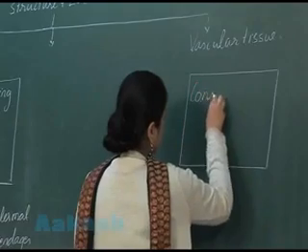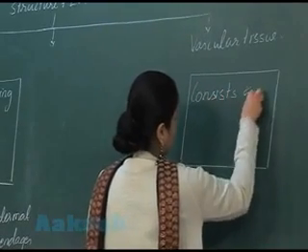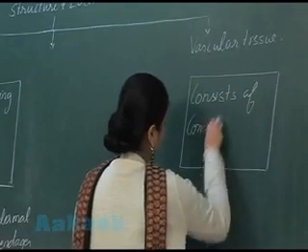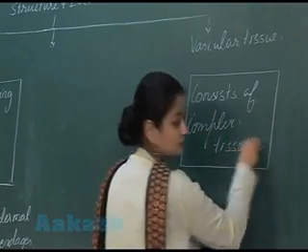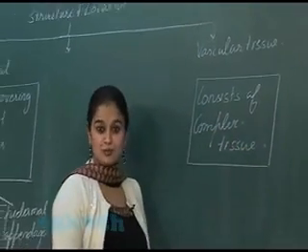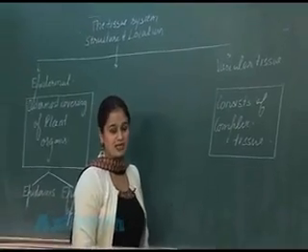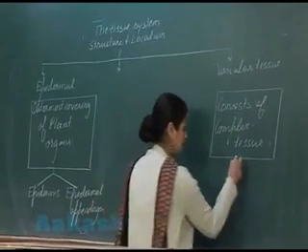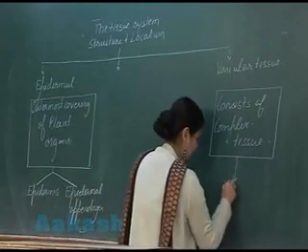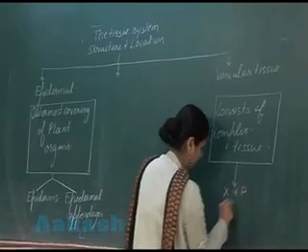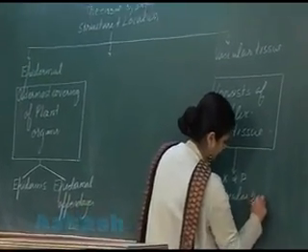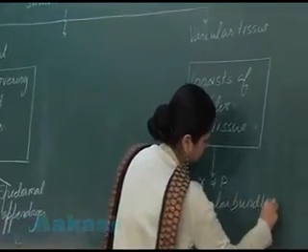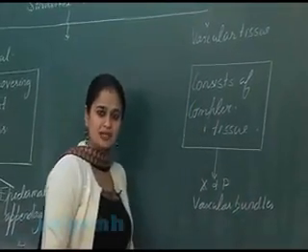It consists of complex tissue, that we have just studied, that is xylem and phloem. Yes, xylem and phloem, and together they constitute the vascular bundles, right?